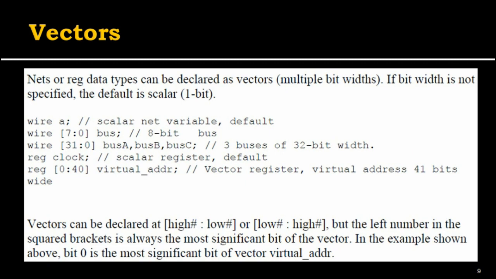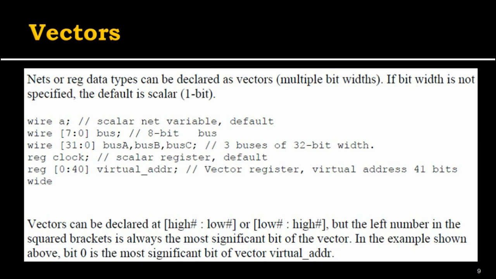Here the vector range is not specified, so it acts as a scalar, and the default length is 1 bit. The second one, wire [7:0] bus. The 7:0 is the length of the wire, so it can store 8 bits. So the wire acts as an 8 bit bus.